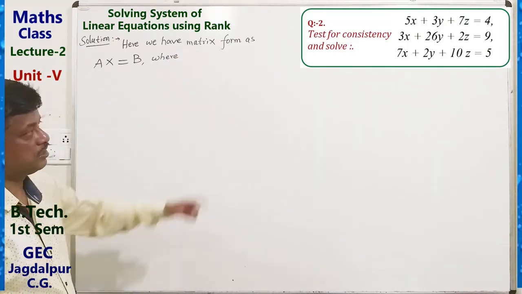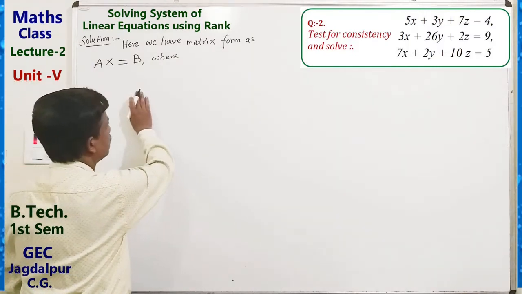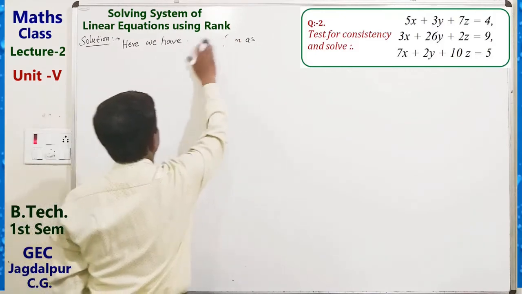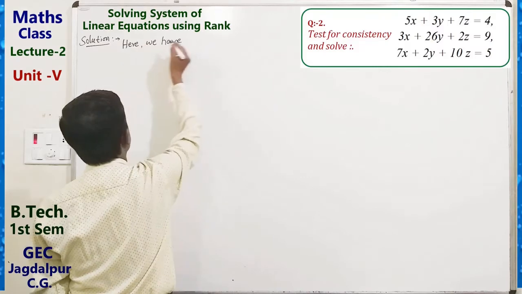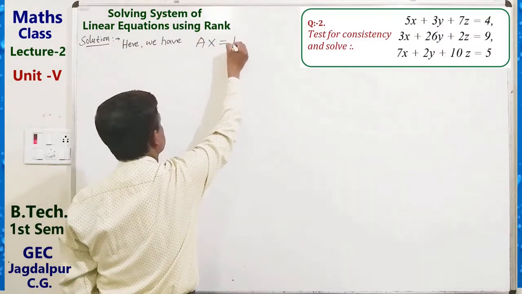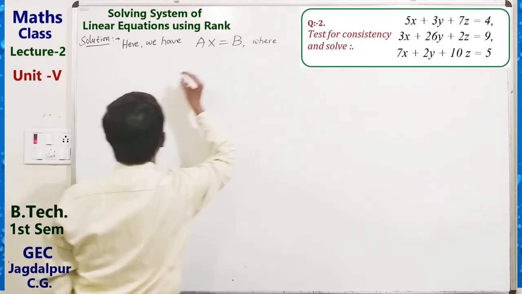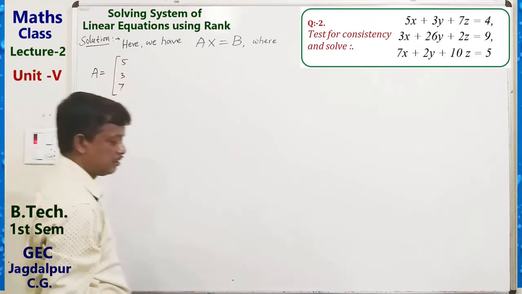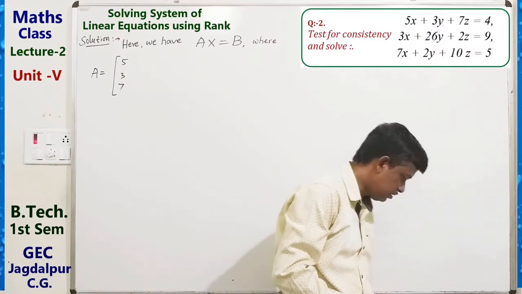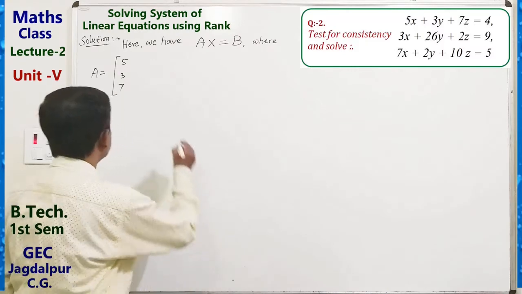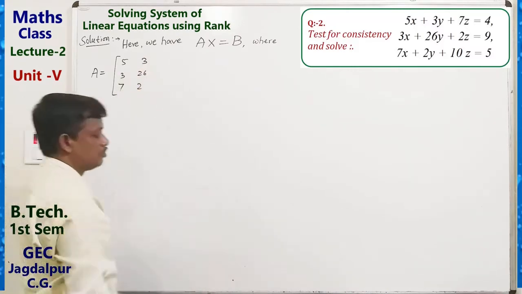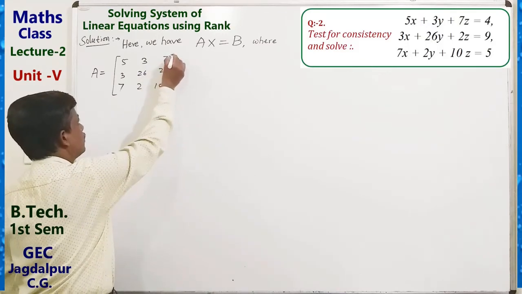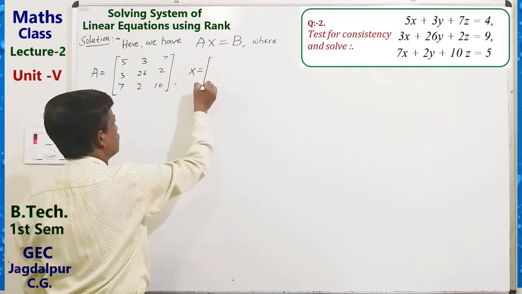We have the matrix form for this system, Ax equals b, where A equals 5, 3, 7; 3, 26, 2; 7, 2, 10; and x equals (x, y, z).